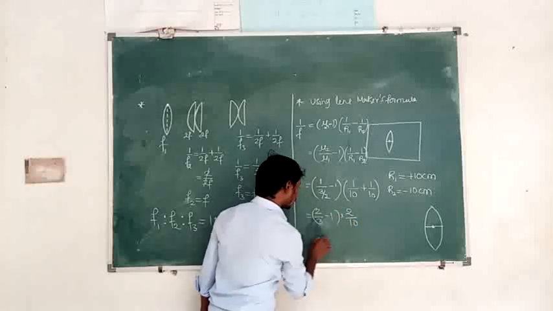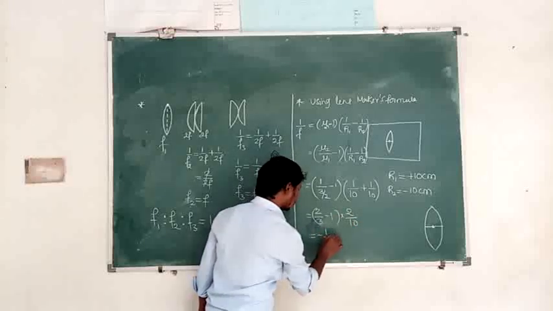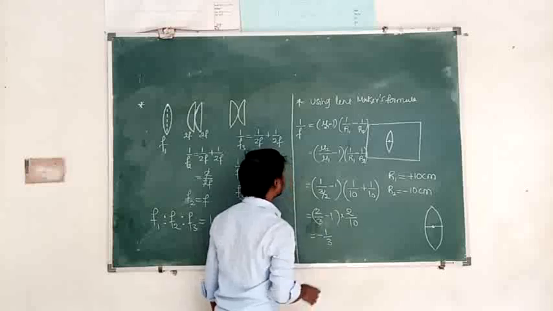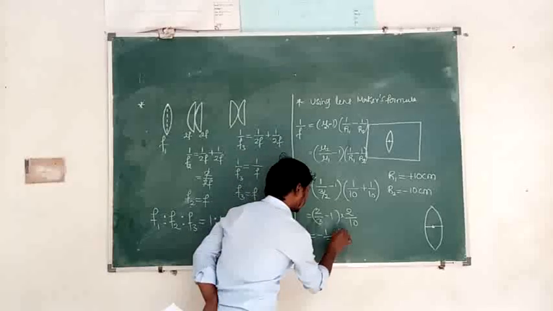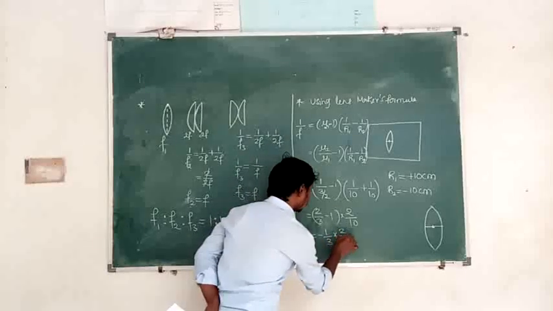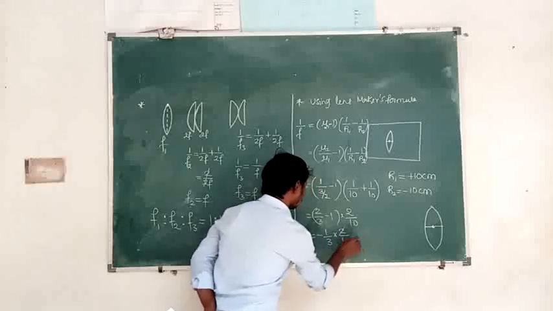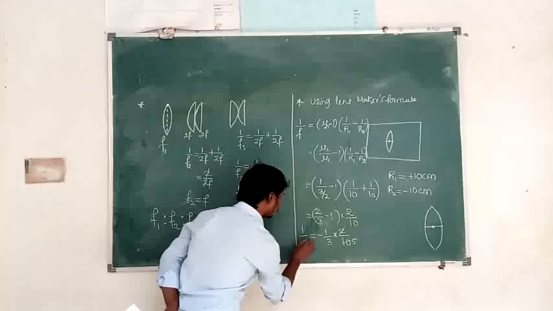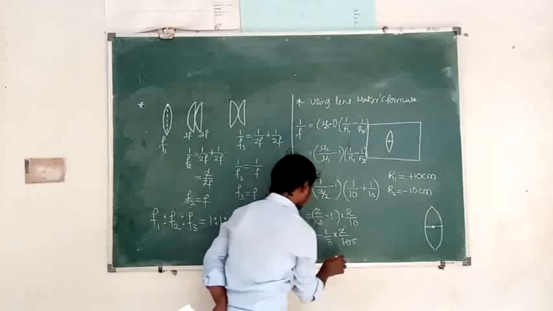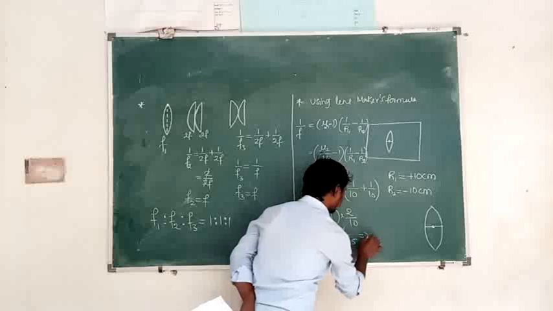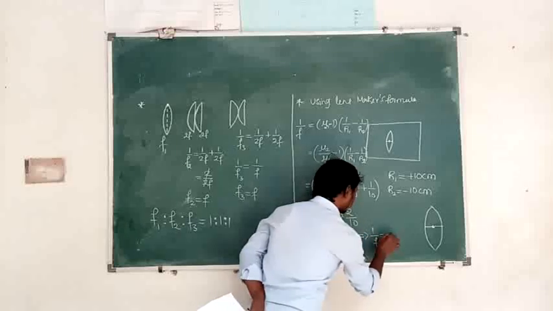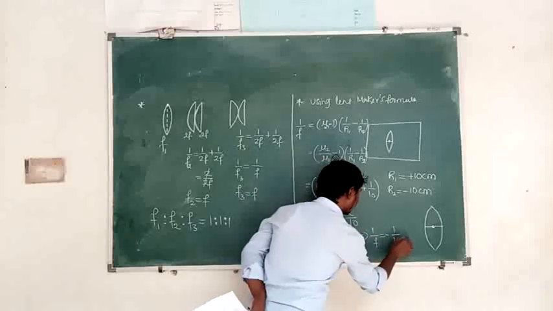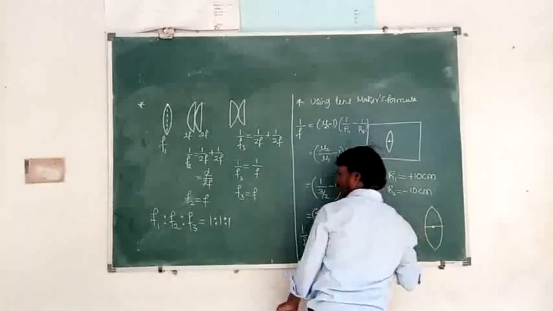It is 2 by 10. So it is minus 1 by 3 into 2 by 10. 2 ones are 2, 2 fives are 10. So 1 by f is equal to minus 1 by 15. Then f is equal to minus 15 centimeter.